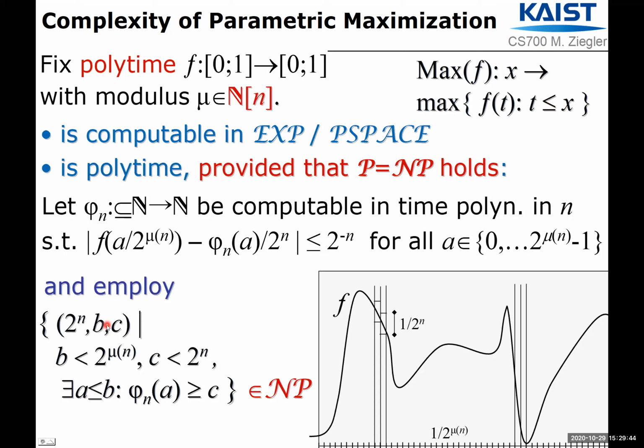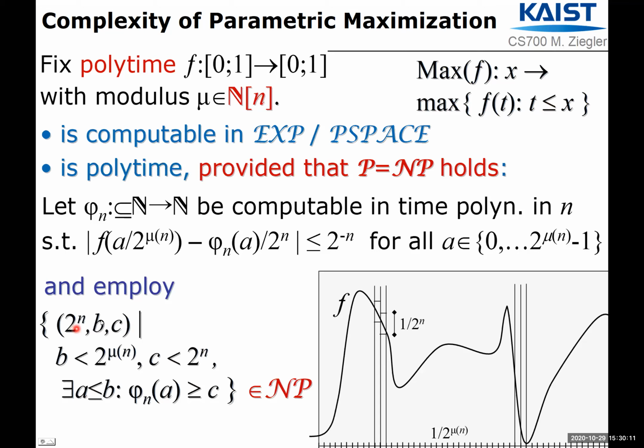That's the whole point. In order to make such a statement about discrete complexity classes and their relations in the hypothesis, to conclude something about a continuous problem, we need to, of course, discuss and involve some discrete decision problem. And this is a decision problem. And the input length here is roughly n plus mu of n plus n.